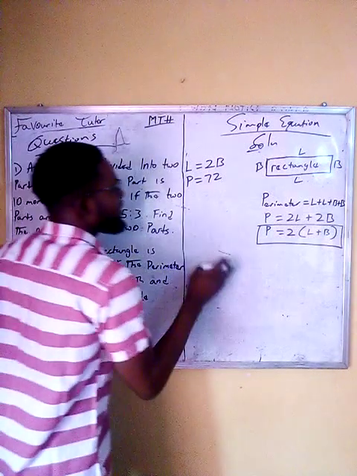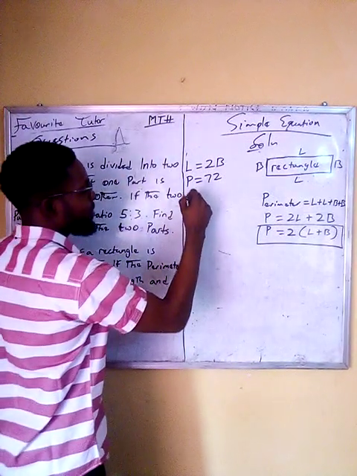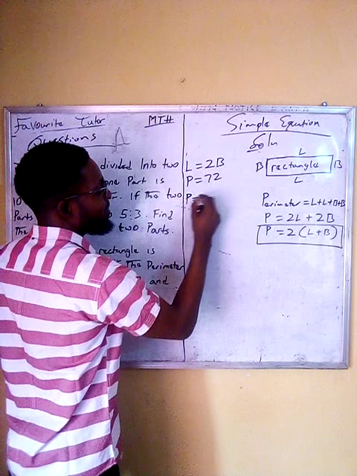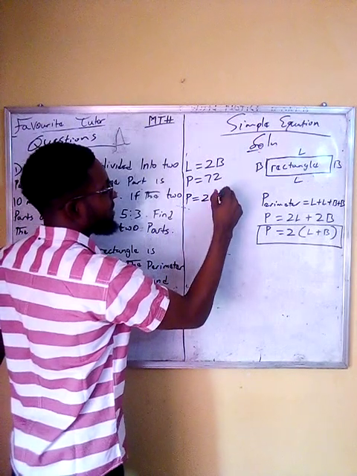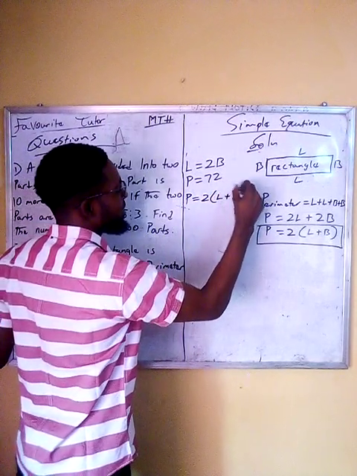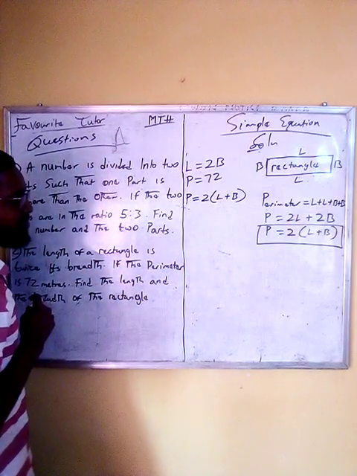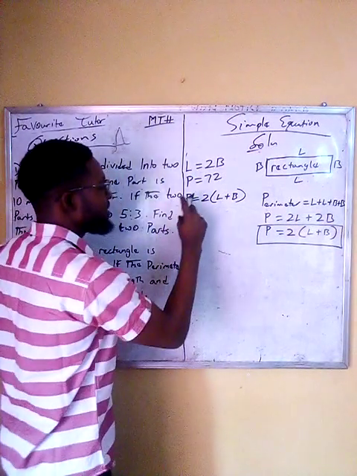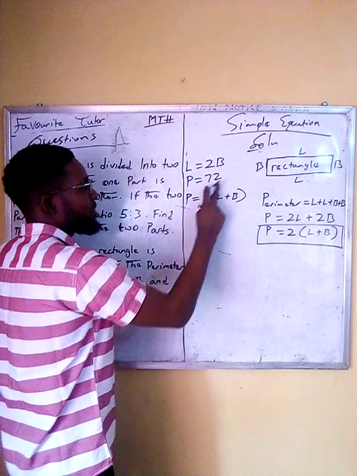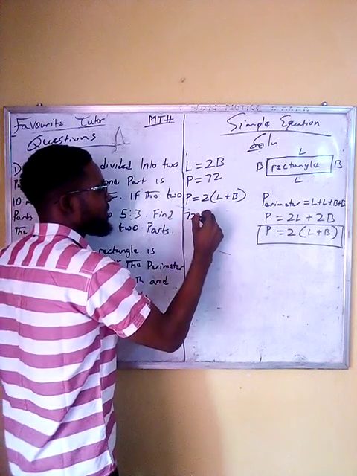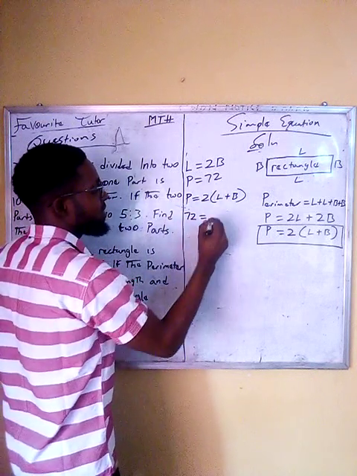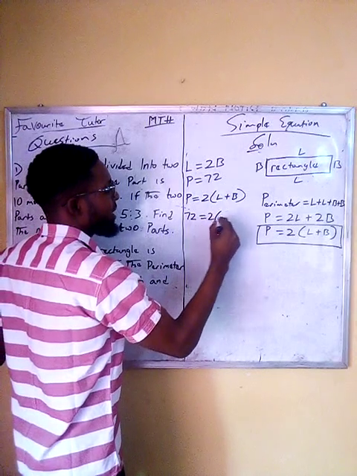So our equation to solve this question is the perimeter equals 2 bracket length plus breadth. So therefore the perimeter P is 72. 72 equals 2 bracket. What is the length?